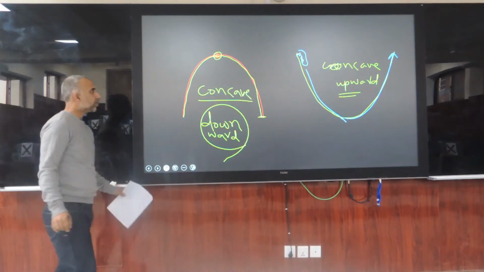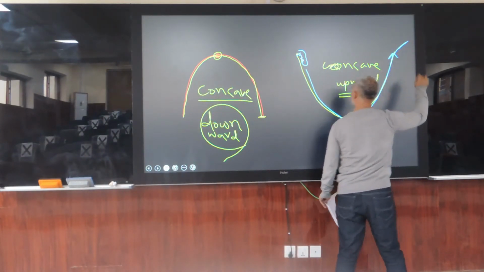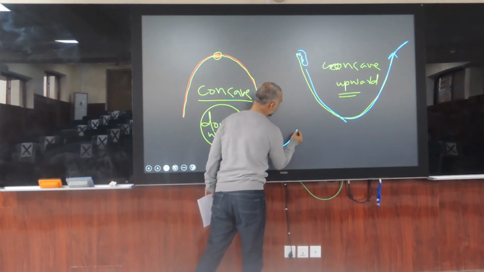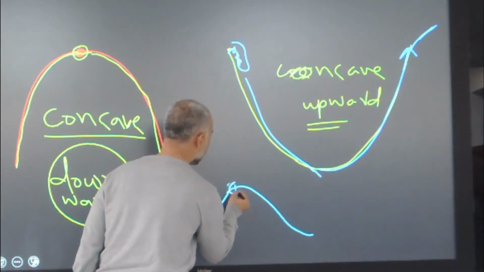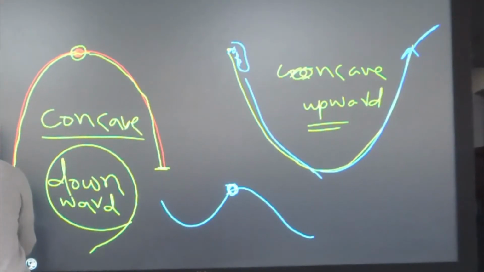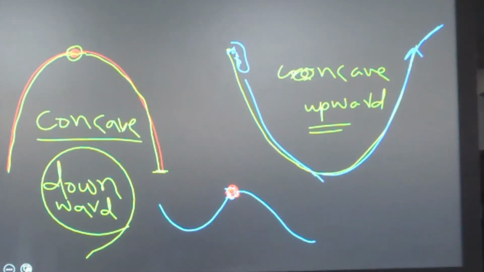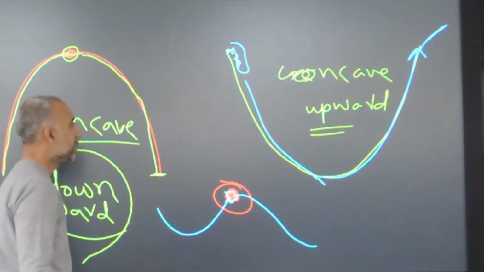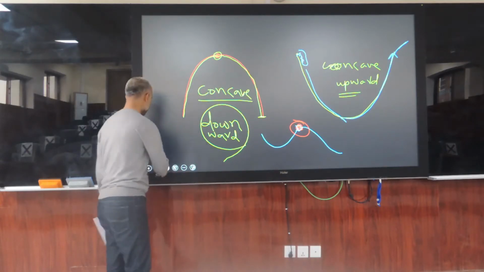However, once it reaches here, its energy is almost decreasing, then it goes like this, and at this point the energy is almost over. So this point, where things are changing, there is almost no power or instability. It is known as point of inflection.